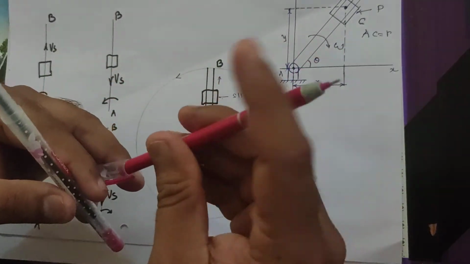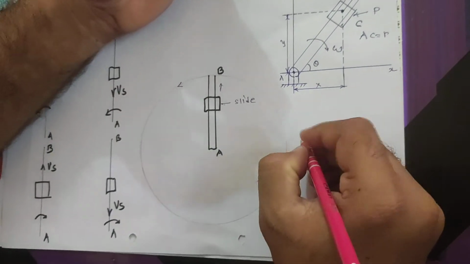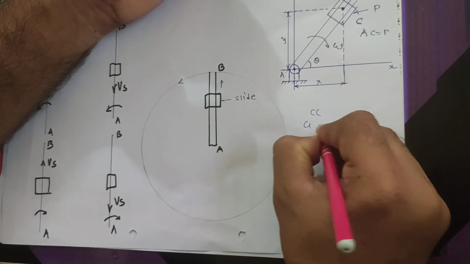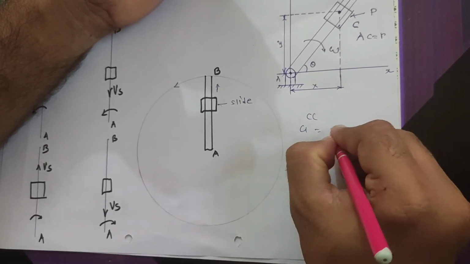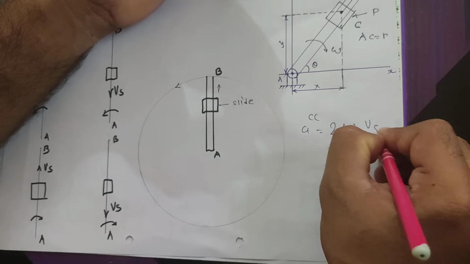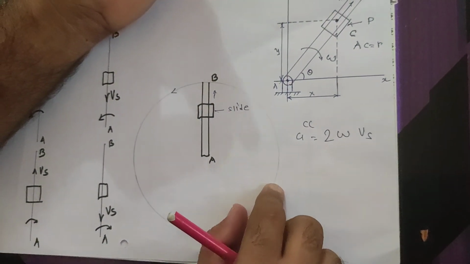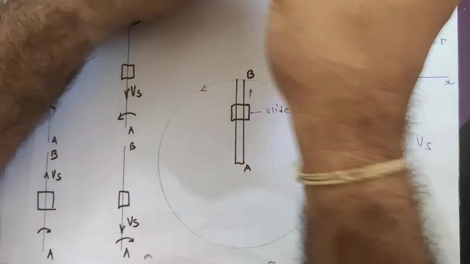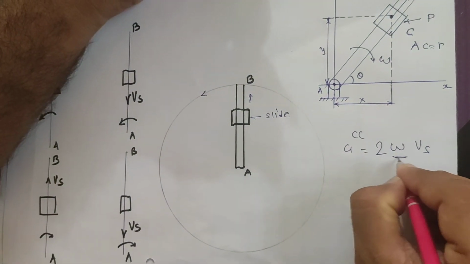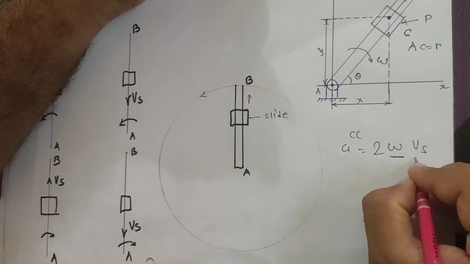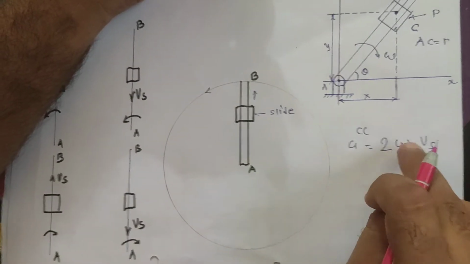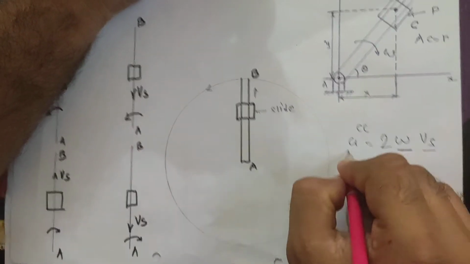Here the Coriolis acceleration equation is nothing but 2 omega Vs. To find the Coriolis component, we simply take the angular velocity and the velocity of the slider. The product of the two helps to find the acceleration component.